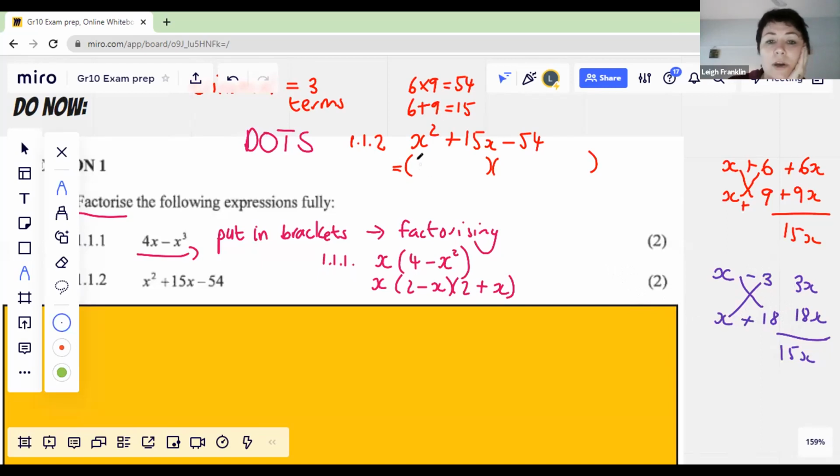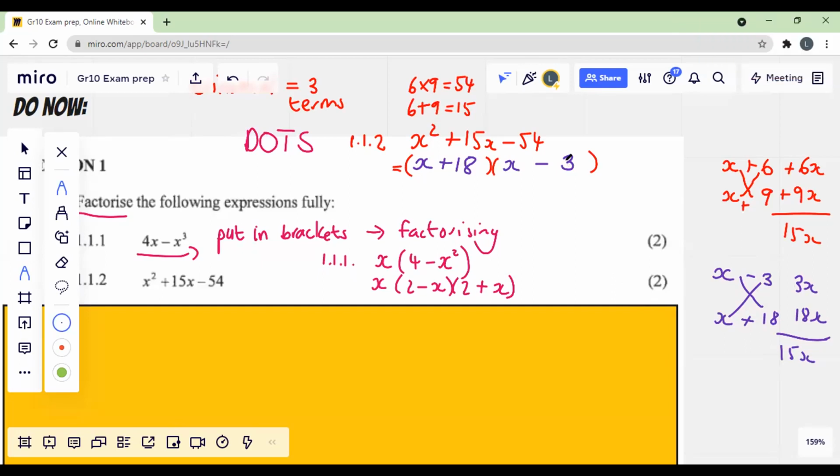Okay, quite right. So in the brackets, x plus 18, x minus 3. Okay, does that make sense to everybody? Are there any questions? Ma'am, isn't the 18 greater than the 3? Why is it taking the plus sign?